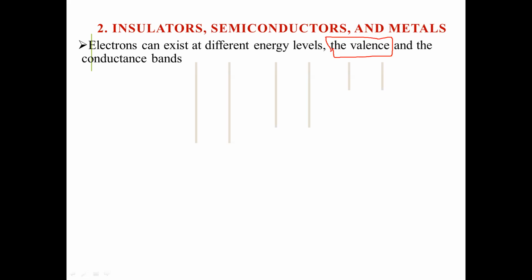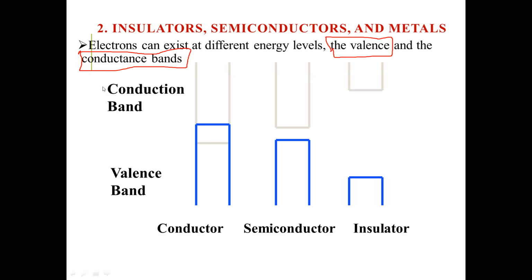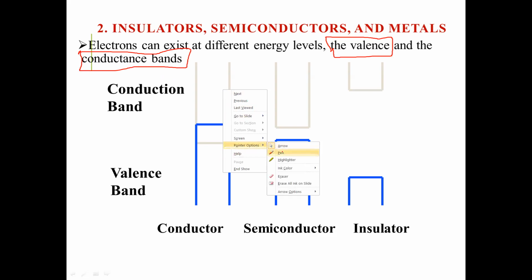Then we have what is called the conduction band. This is the band in which, if an electron gets to that energy level, it will be able to move and hence participate in the movement of current. So let's say this is our conduction band, which is definitely a higher band in terms of energy.